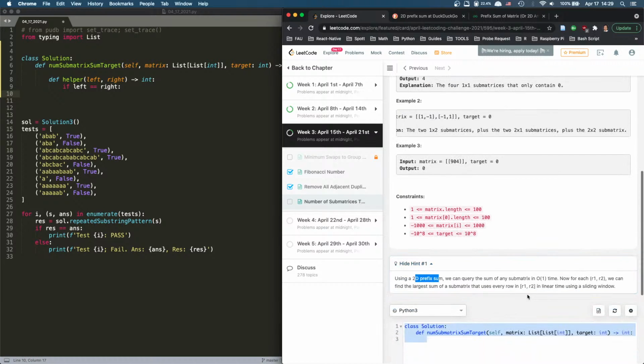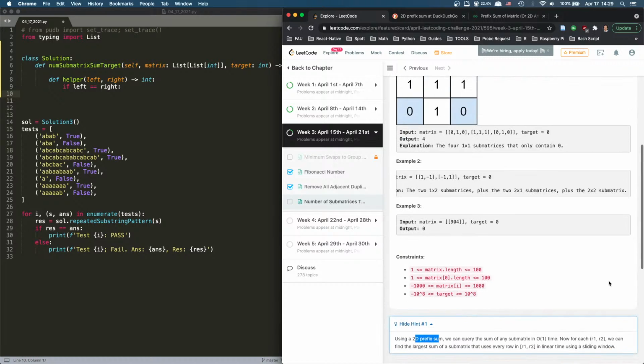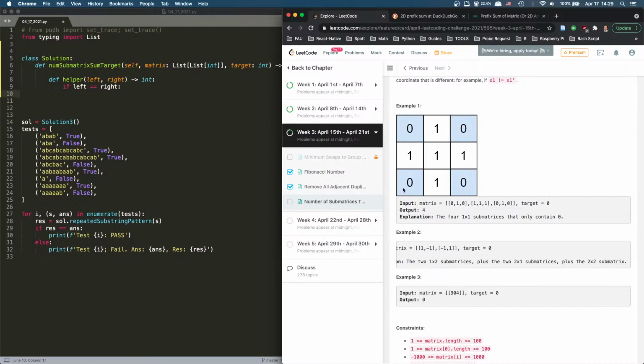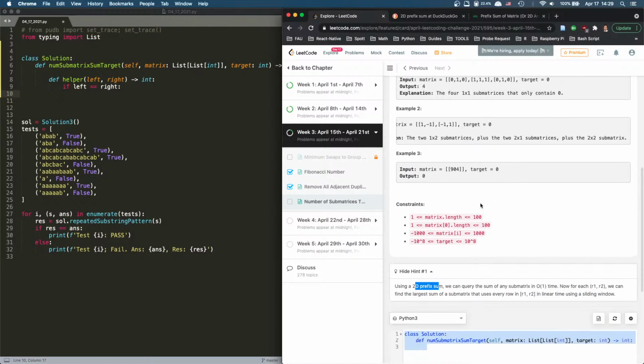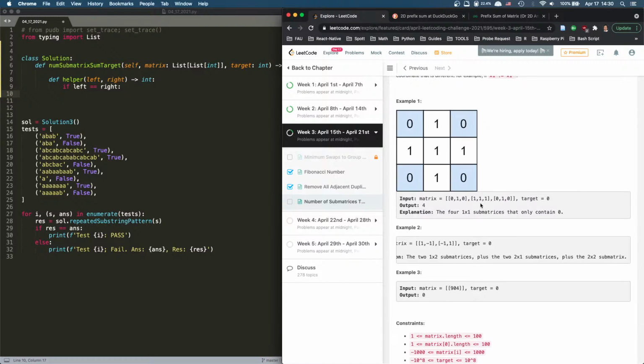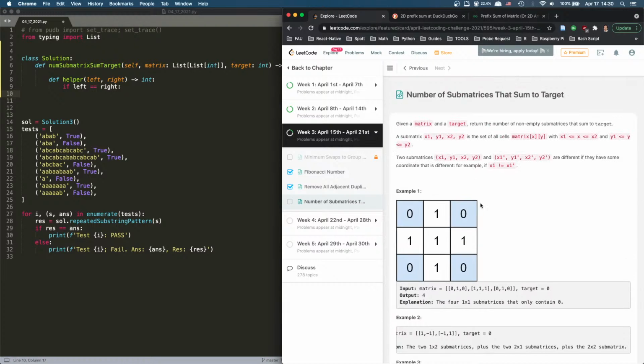It says you can find, for each R1, R2, so for each two rows, right? It says we can find the largest sum of a submatrix that uses every row. Why would you find the largest sum?